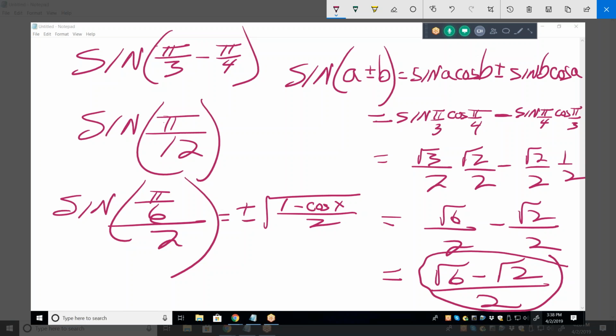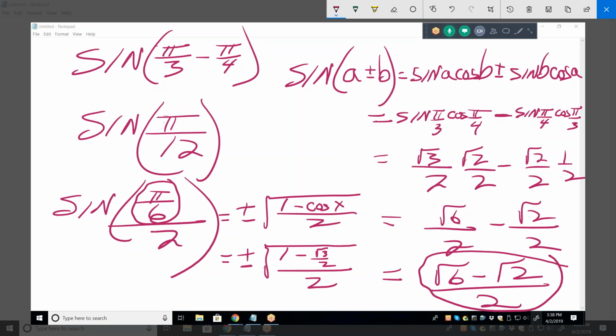Okay. Now let's plug it in. So we have the cosine of pi over 6. In other words, this is x. Right? Okay. Root 3 over 2, all divided by 2.